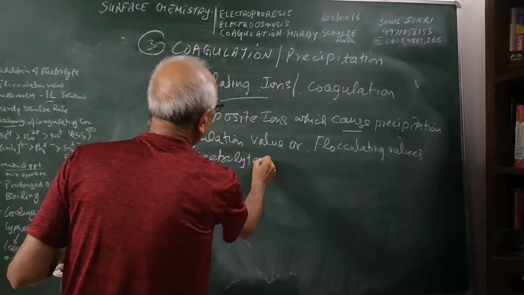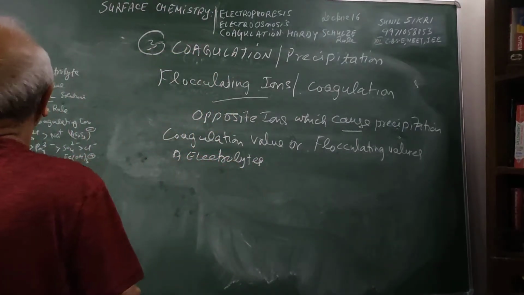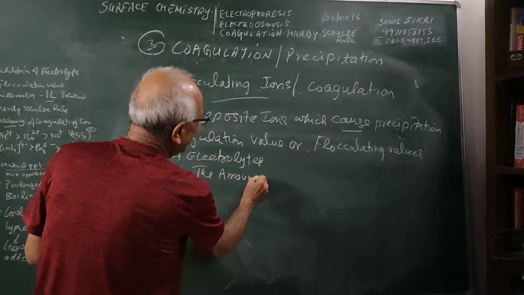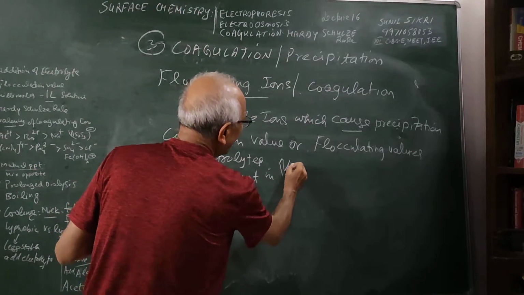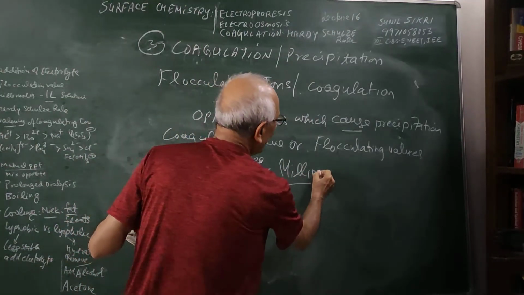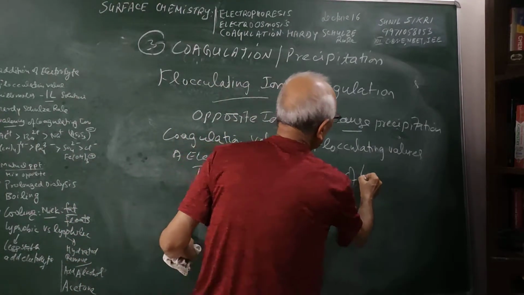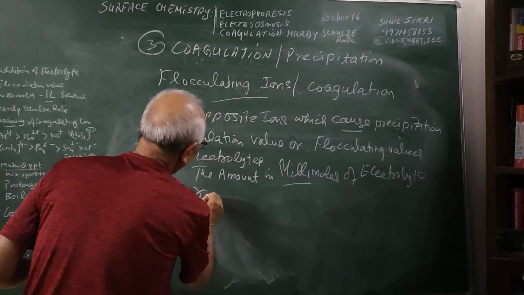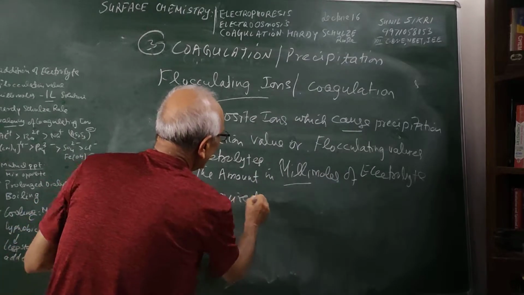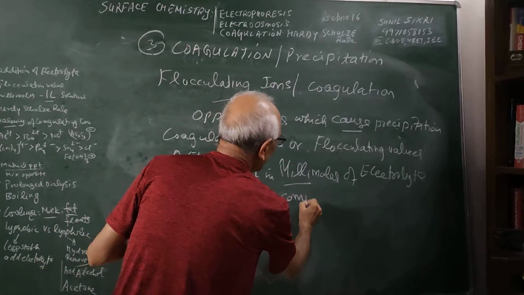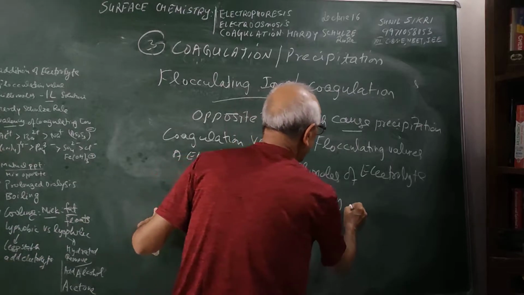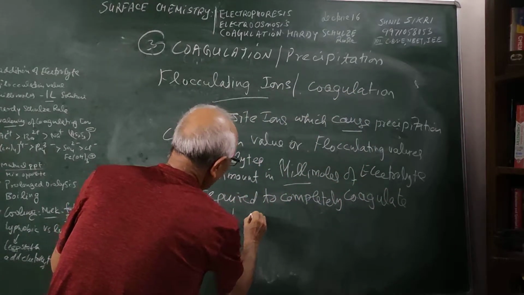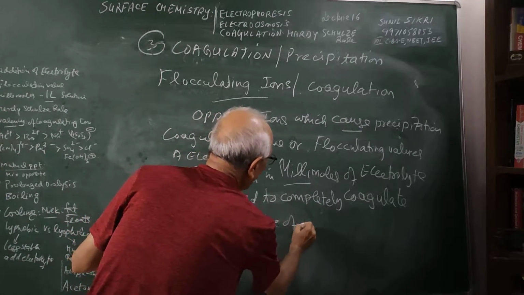What it means is that we say the amount, in millimoles, of electrolyte required to completely precipitate, to completely coagulate 1 liter of colloidal solution.